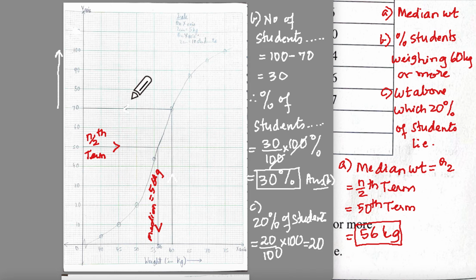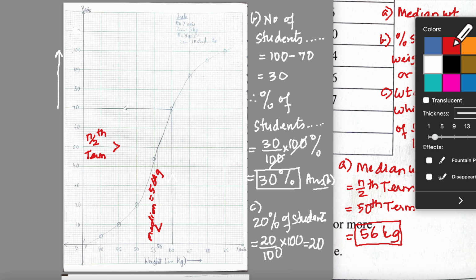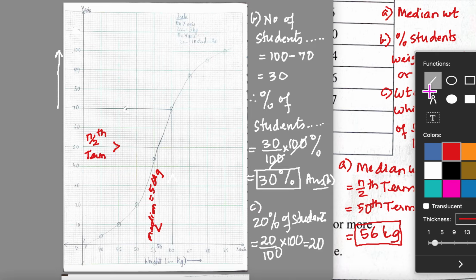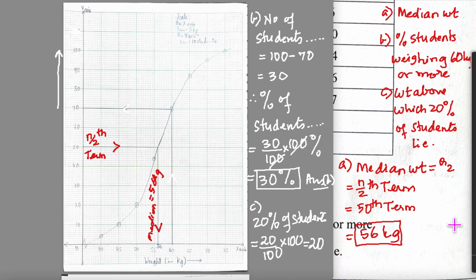I'll need to change the color here. I'll just use this. Is it red? So 20% of the students would be in this region.